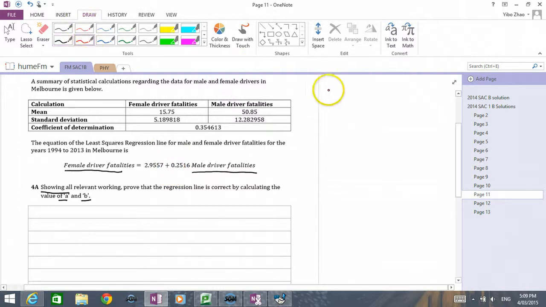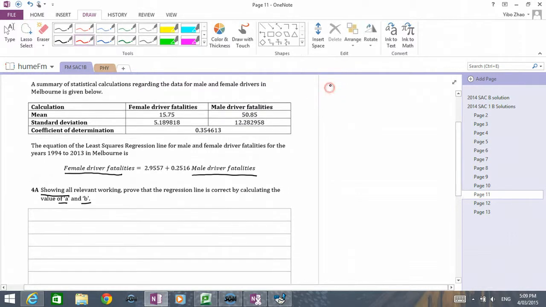Now before we do the line of best fit, we should always know the line of best fit is always written as y equals a plus bx.